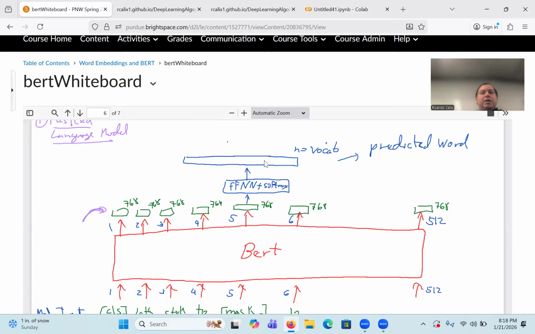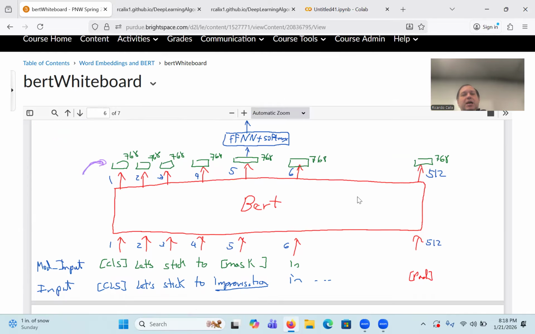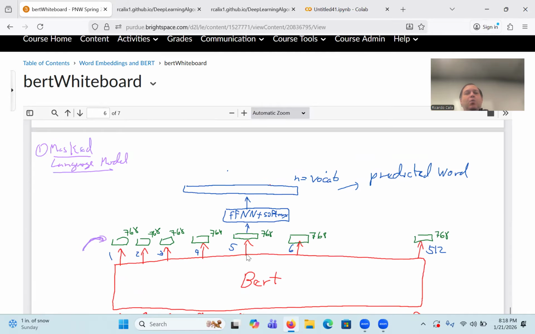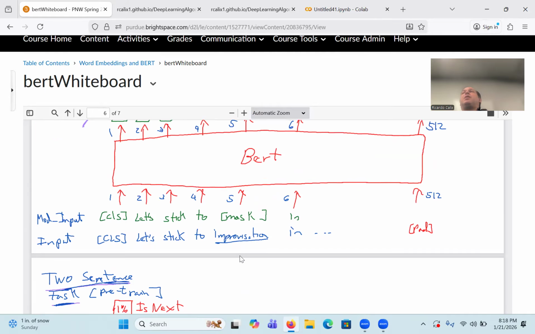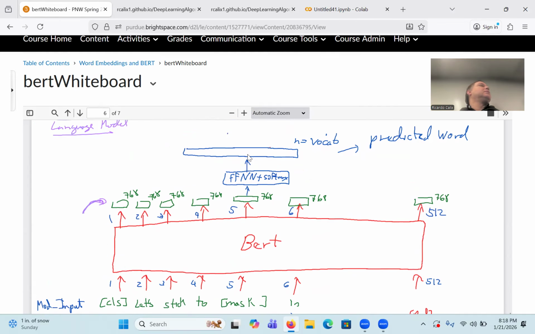So this is how you train it. You would train it with essentially the same sentence as input and output, but it wouldn't see improvisation as input. It would maybe predict, what's a word that's similar to improvisation? I don't know, something else, right?